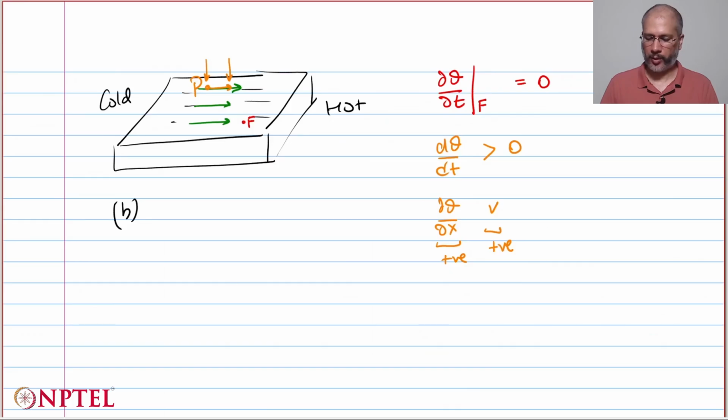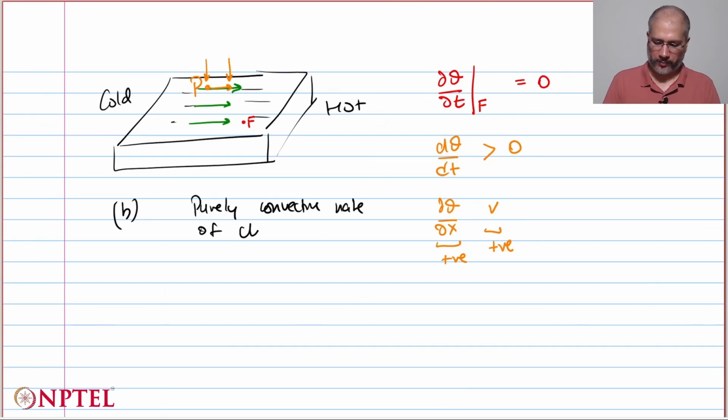So we can see that the product is also going to be positive. So in this situation, we have a purely convective rate of change and no local rate of change.